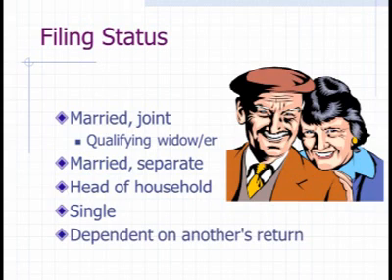This is not an official designation as far as the government's concerned, but it is helpful, I think, to think of dependent on someone else's return as just a separate animal, because their standard deduction is going to be different than if they were a normal single person. And while I'm here, if you are a qualifying widower, that is actually using the married filing joint tables, you'll find that there's an extra column for that.